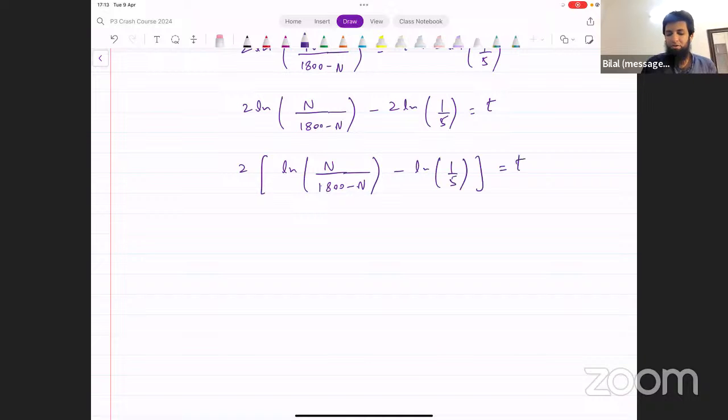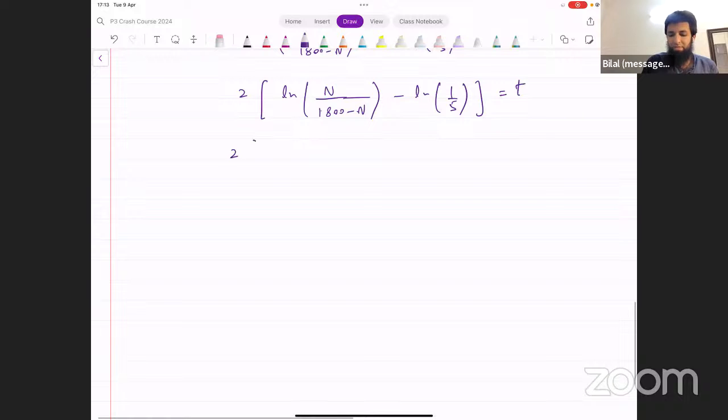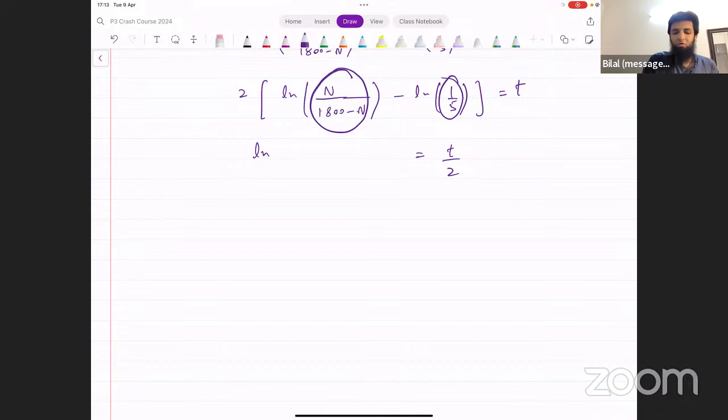Apply the division rule on this again. 2 remains outside, or we could take 2 to the other side as well. So on the other side, we've got t over 2, and ln of this thing divided by 1 over 5. So you have n over 1800 minus n divided by 1 over 5.